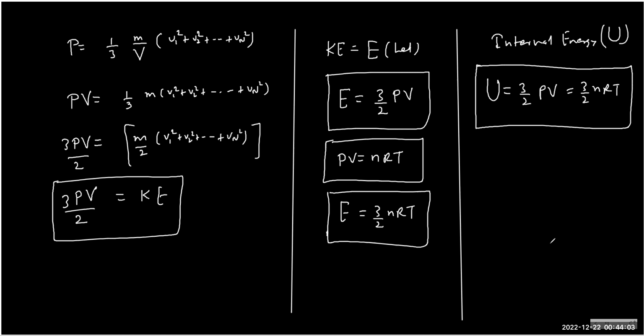Let's go back to the kinetic energy. If I call it equation 1, then kinetic energy was how much? 1 by 2 m v1 square plus v2 square up to vn square. Correct? Now this way of writing is not convenient.